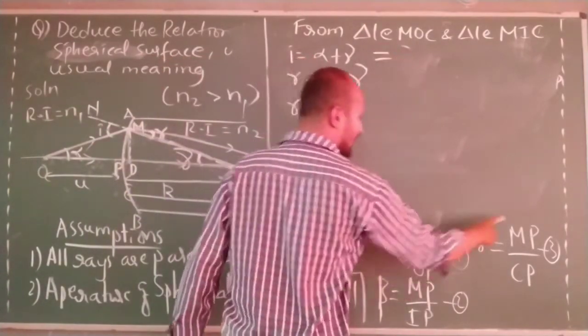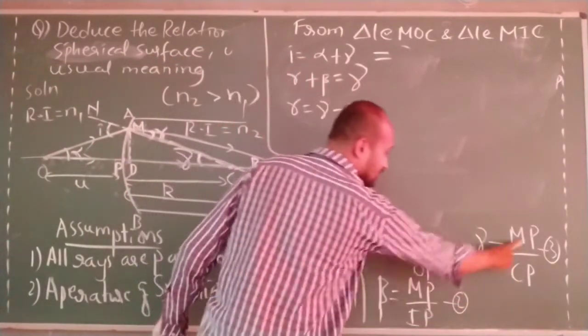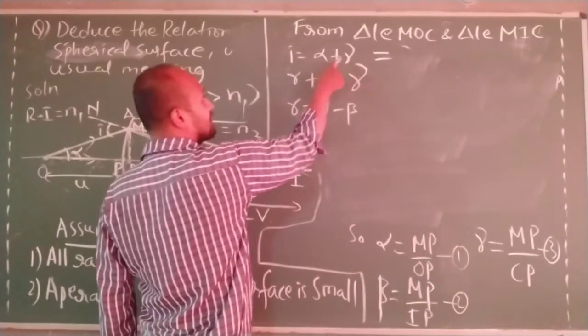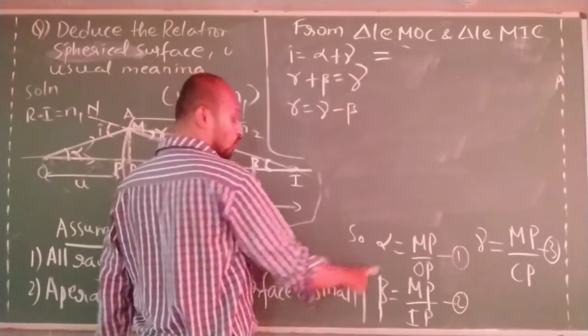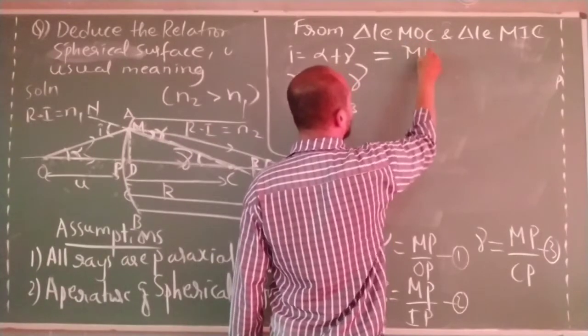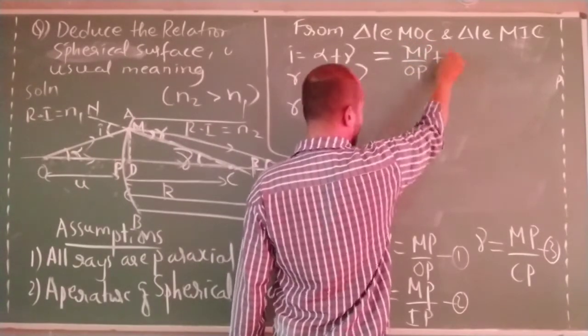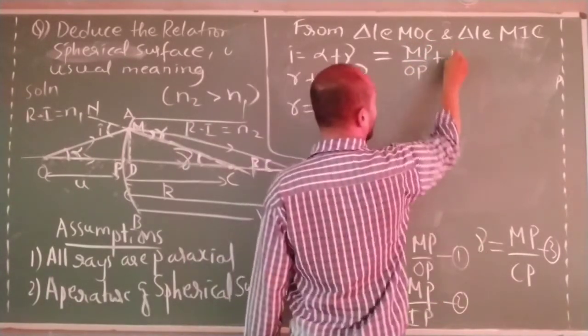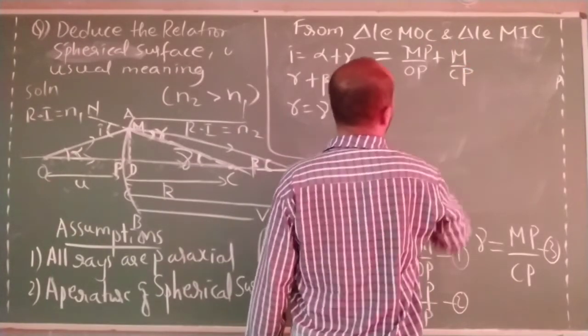From equations 1, 2, 3, I is equal to alpha plus gamma. What is alpha? MP by OP, plus gamma, which is MP by CP.